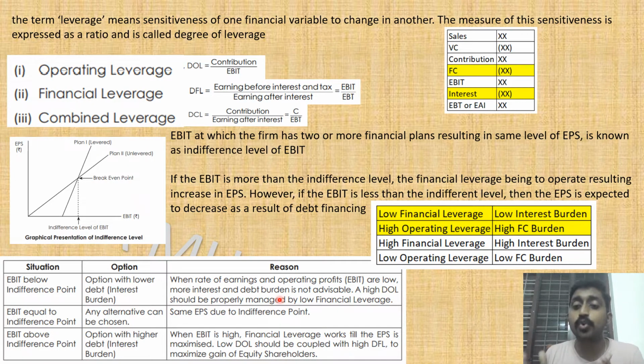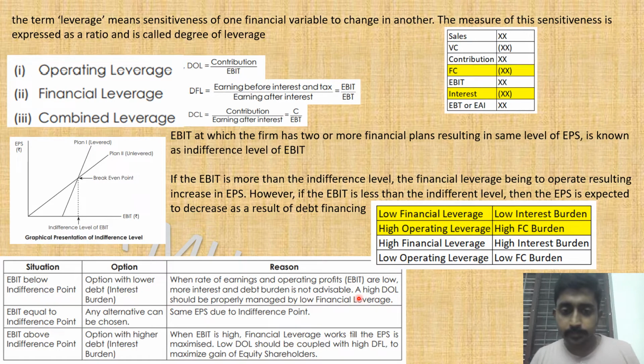For example, if one financial plan asks you to go for higher debt, and the second plan asks you to go for lower debt, then you choose the lower debt, because higher debt will have a higher interest burden. Already your EBIT is lesser than the indifference point, so don't go for the higher debt burden plan. Go for the other plan.